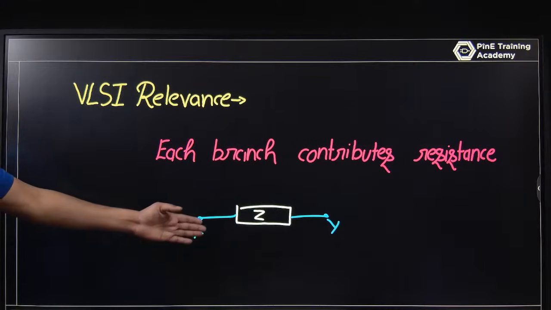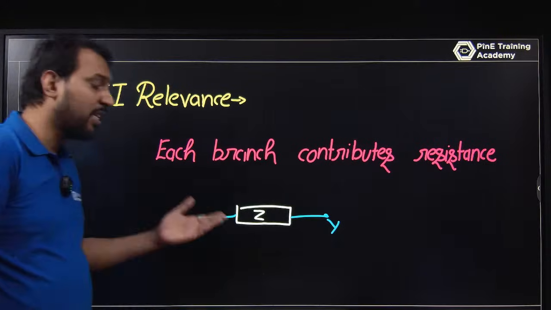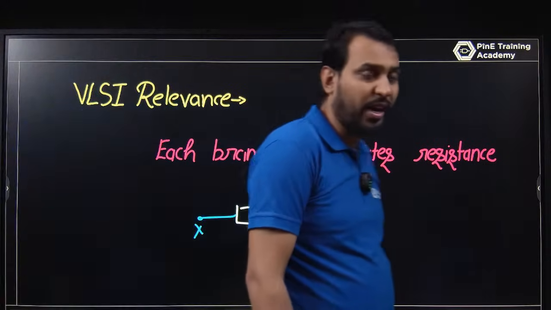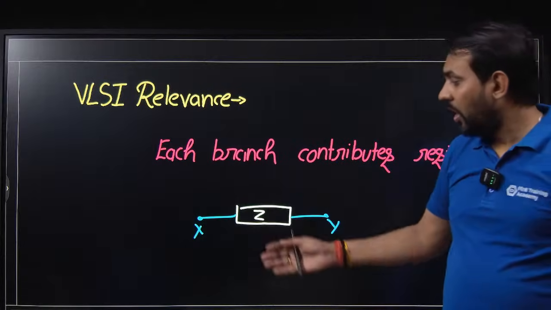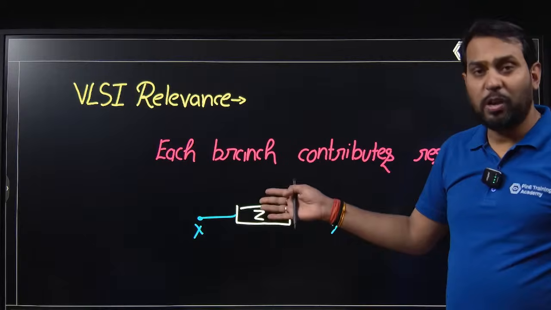If you require a metal, of course you have a resistance, because metal has resistance, capacitor, inductor properties. So if you are connecting an element between two nodes, that will be a branch.